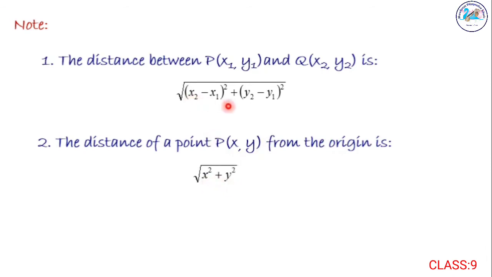It is derived from this formula only. x2 will change to x and y2 will change to y, and x1 and y1 will change to 0 because one point is the origin. So x minus 0 the whole square is x square, and y minus 0 the whole square is y square. Simply learn it by heart: the distance of a point P(x, y) from the origin is root of x square plus y square, and these two formulas are very important. Please keep a note on that.